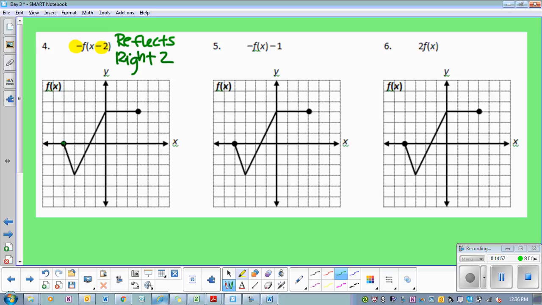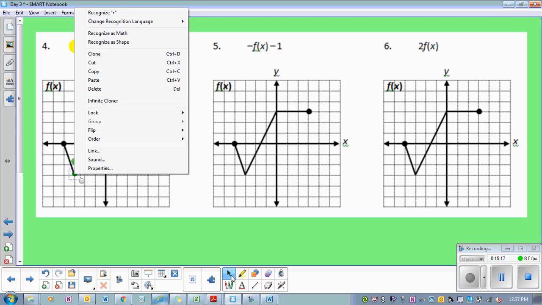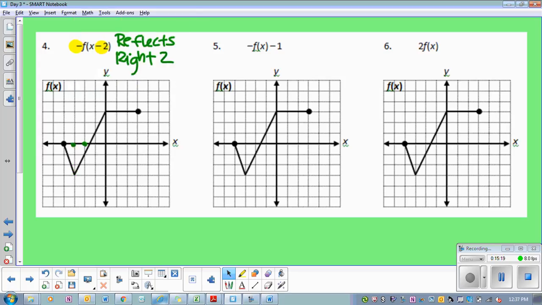So this first one, we said since it's right on the x, it can't reflect, but it can go right too. So 1, 2. Right? This one right here. Reflects. So since it's down 3, I'm going to go 1, 2, 3, up 3, right 2.